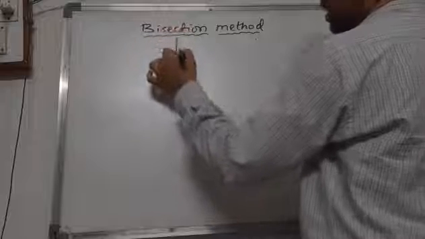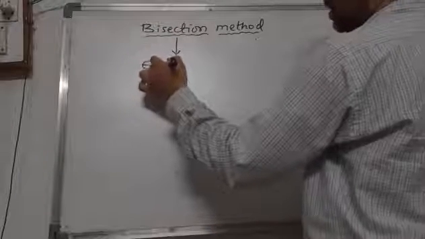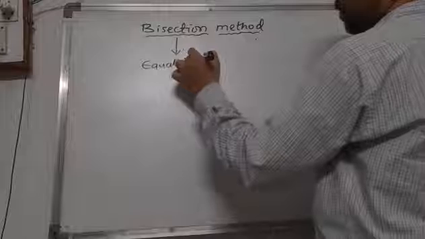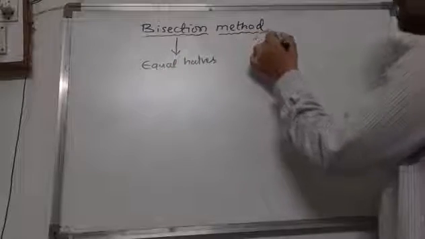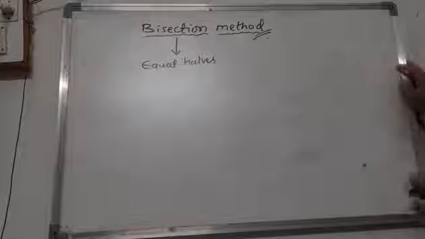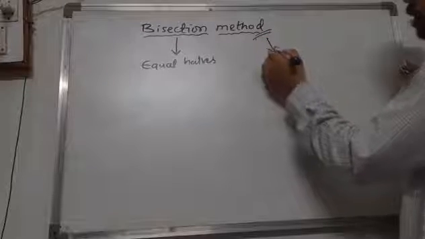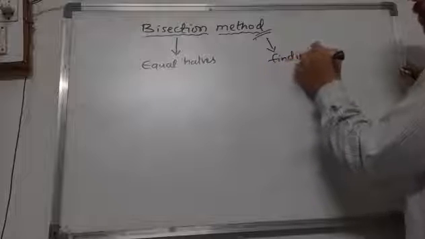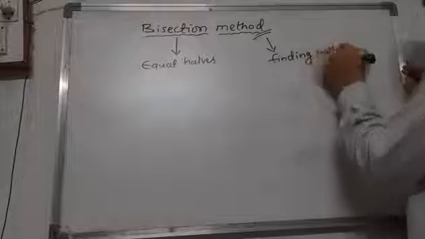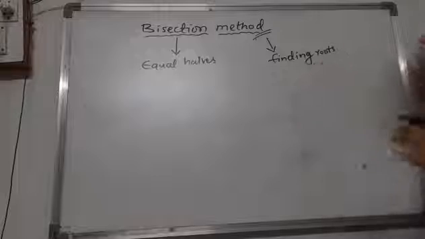Bisection means equal halves. Equal halves method. So what is this method used for? This method is used for finding roots of a given equation.